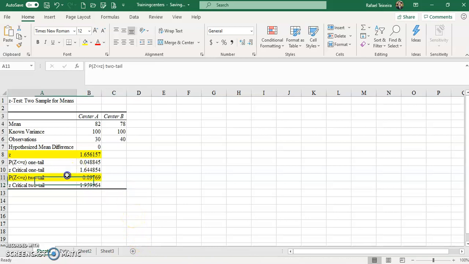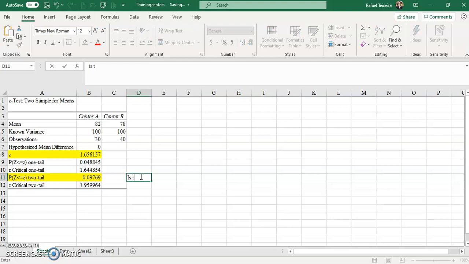But you don't need to do that using Excel. In this version in Excel, you can simply use the probability. So the question is, is the p-value smaller than the alpha level?